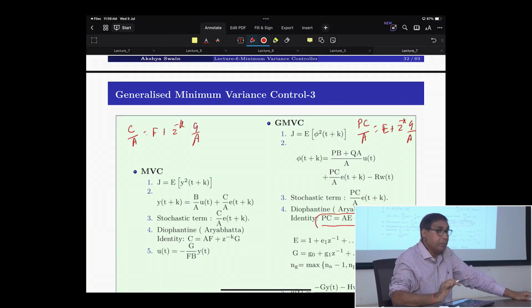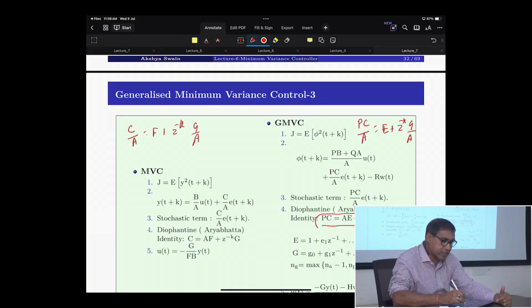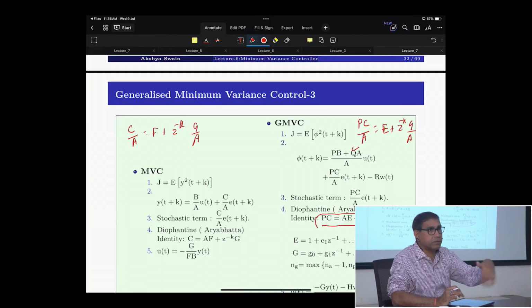Many types of control strategies, PI controllers and PID controllers, can be designed by suitable selection of the Q polynomial. So these are the ways. This generalized minimum variance controller has so many advantages.